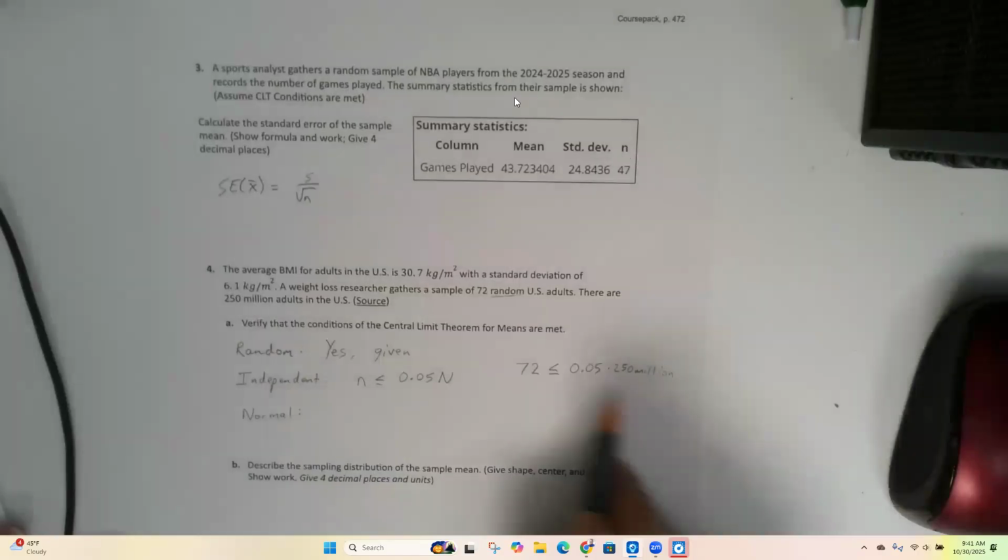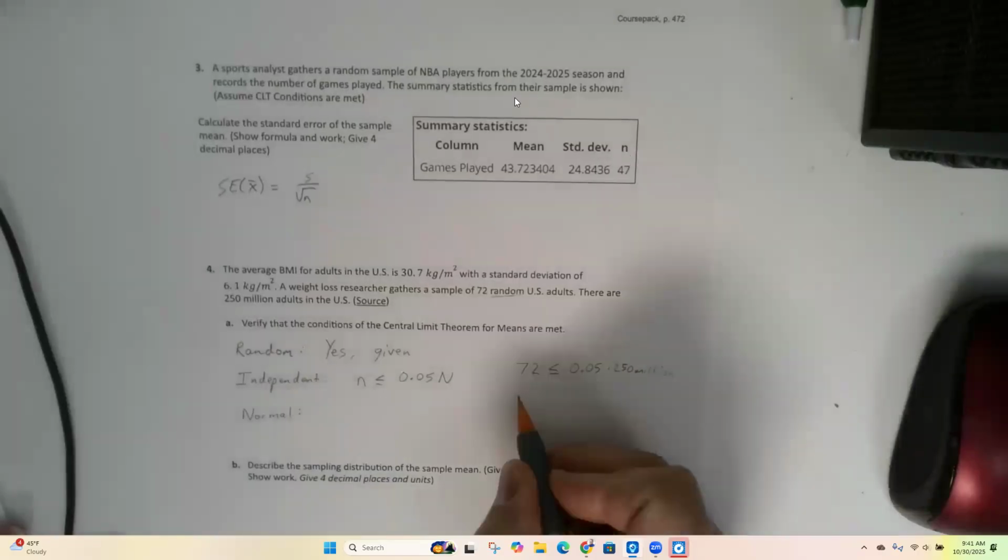So we need to check if this is true. Is 72 less than 5% of 250 million? Well, 5% of 250 million is how much? Can somebody calculate that for me?